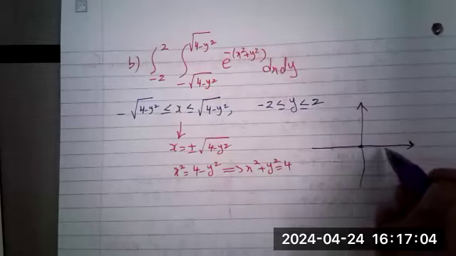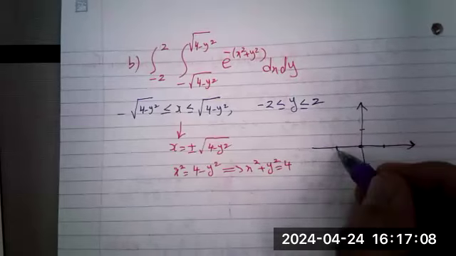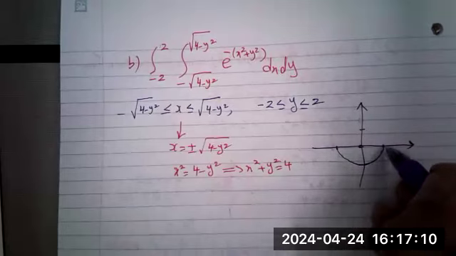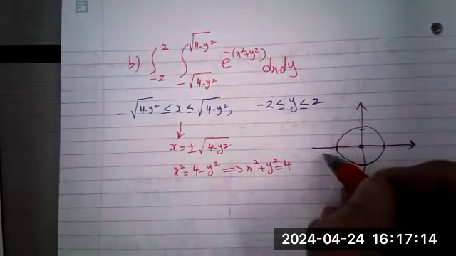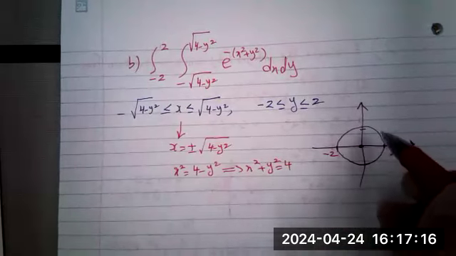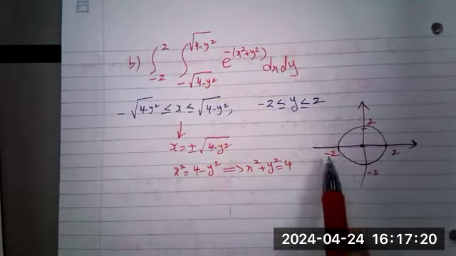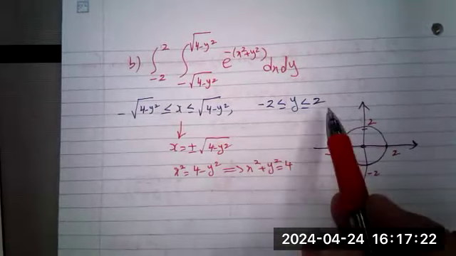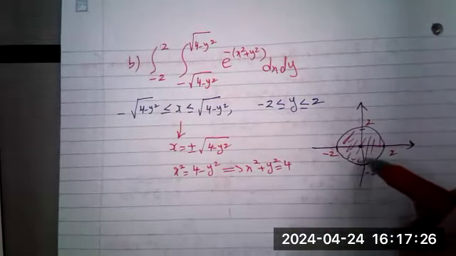It's 0, 2, -2, 2, -2. So this is going to be the region. That's a -2, 2. That's a +2, -2. So as you can see, positive, negative, and we have a -2 and 2. So it's going to be the full circle.